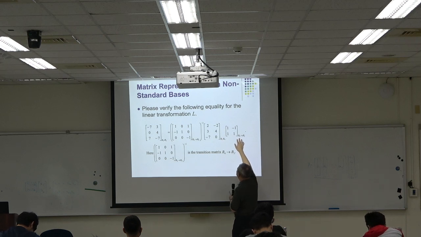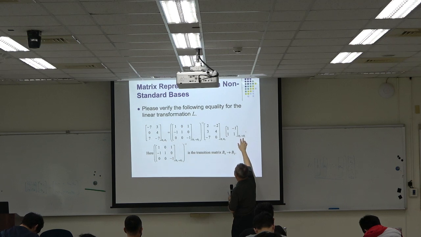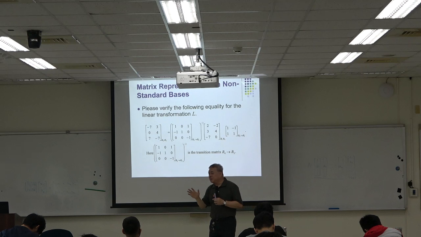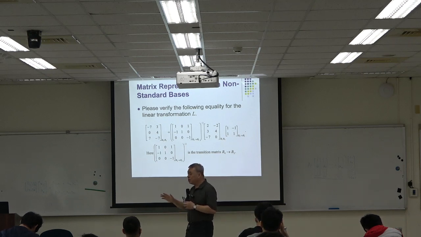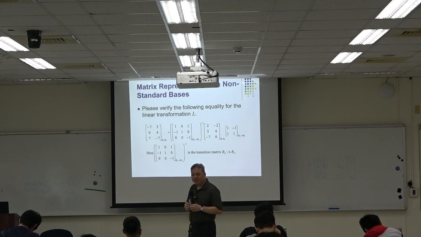If you convert from basis 3 to basis 2, this is what we call a coordinate transformation. Remember, we talked about coordinate transformation in the previous chapter, right?